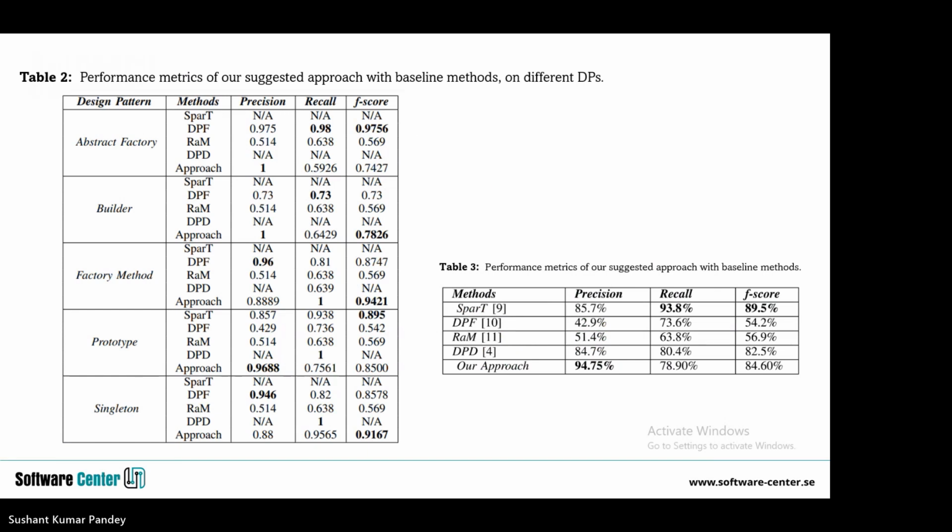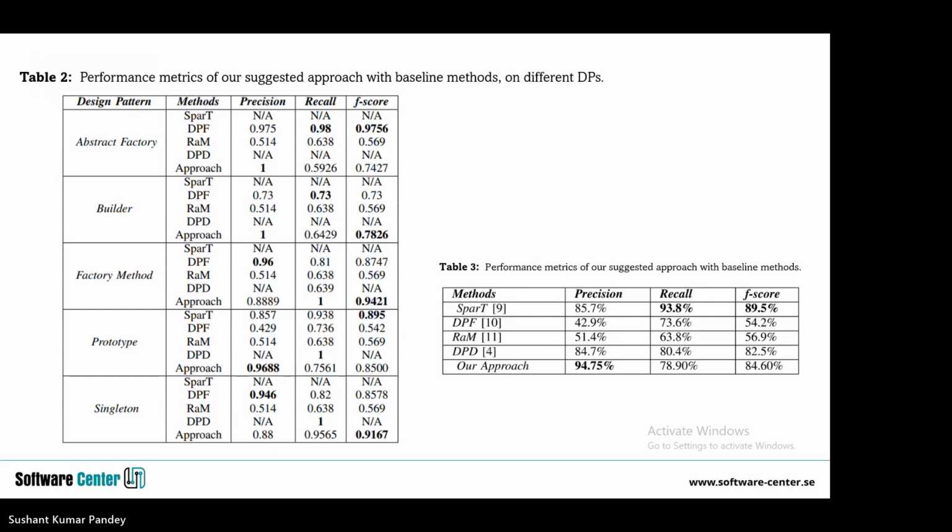So these are the results that we got from our cosine distances, and we compared with the 5 baseline methods, and we found that our approach outperformed them in builder and factory method design patterns. In singleton also. Apart from that, we also got almost 100% precision in abstract factory and builder.